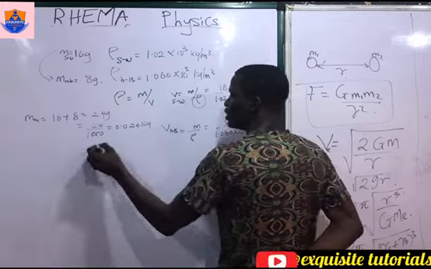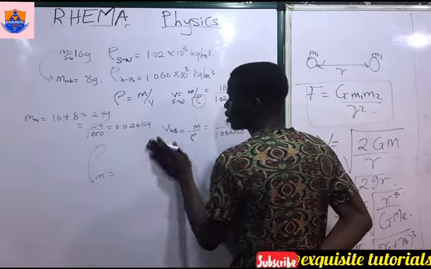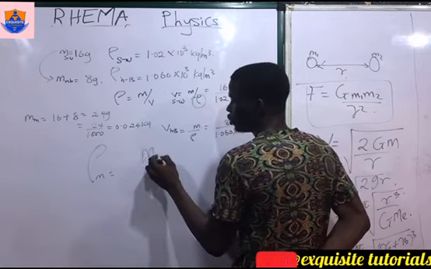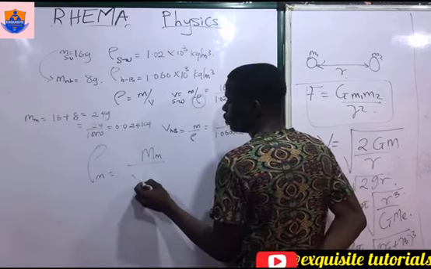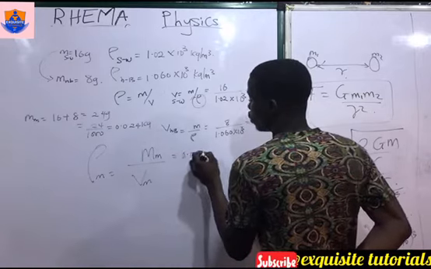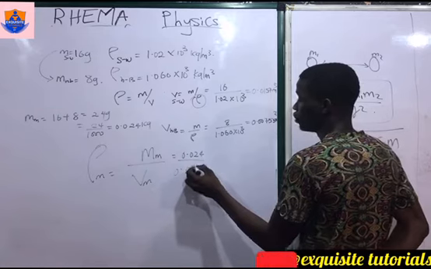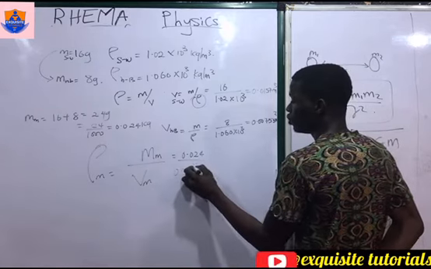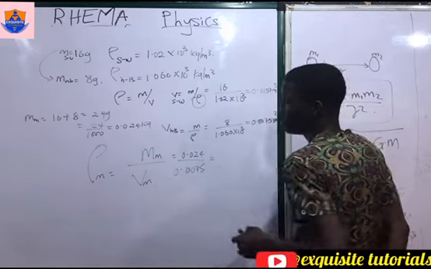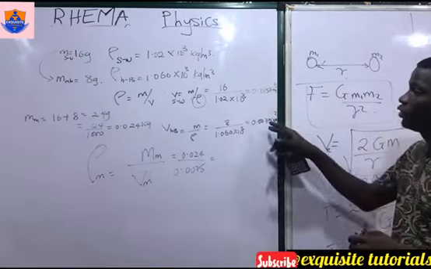So now the density of the mixture will be equal to the mass of the mixture divided by the volume of the mixture. What is my mass of the mixture? I have 0.024 divided by the volume of the mixture. I didn't add the volume of the mixture first.